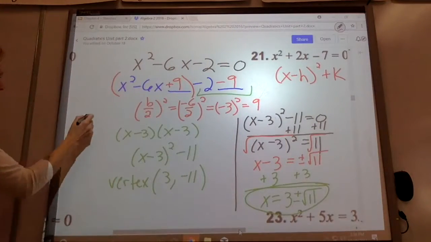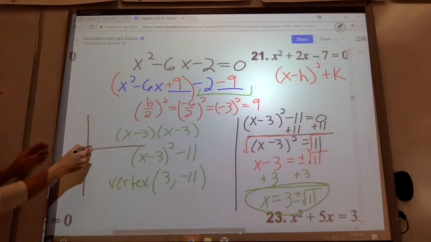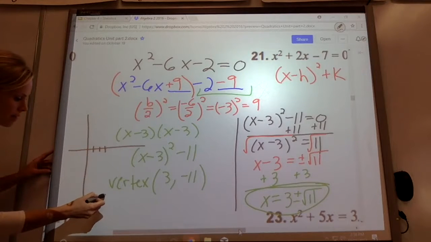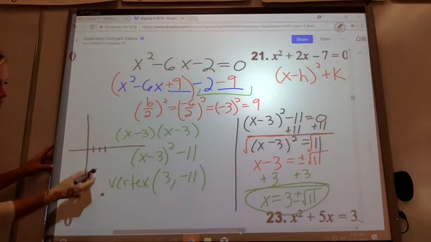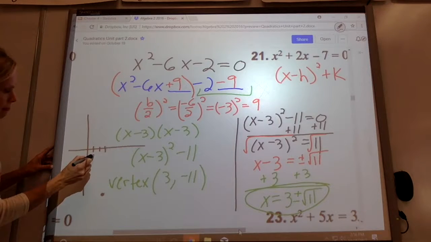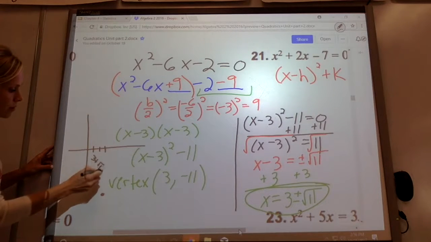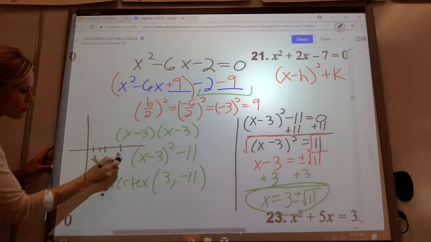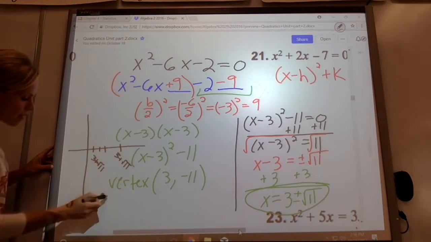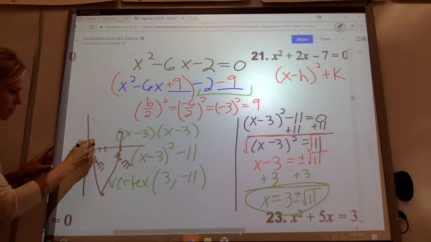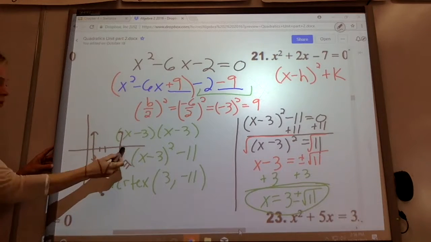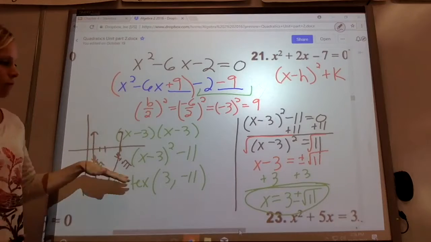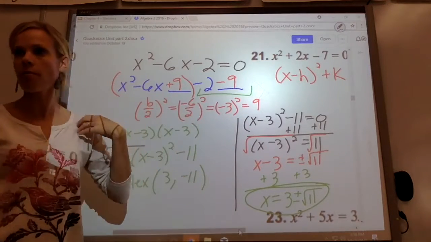If I were to graph this parabola, I went to (3, -11), and then I'm crossing at 3 minus the square root of 11 and 3 plus the square root of 11, and that would be my two roots where I'm crossing. So I got my roots and my vertex from my vertex form.